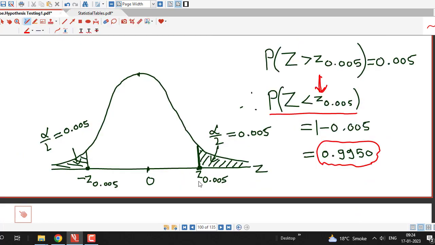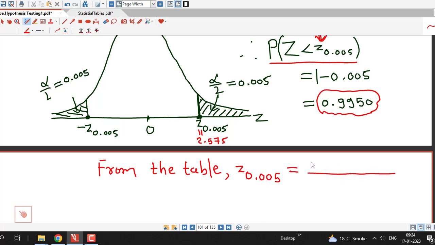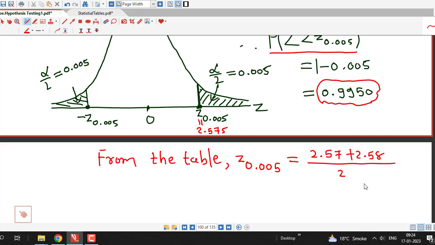So this value is nothing but 2.575, and here we can mention that from the table, or from the standard normal table, z suffix 0.005 is going to be 2.57 plus 2.58 divided by 2, and this is 2.575, and this value is negative of this value due to symmetry of standard normal curve.